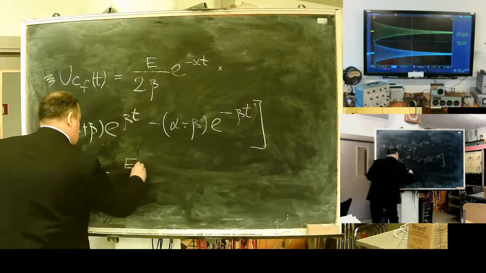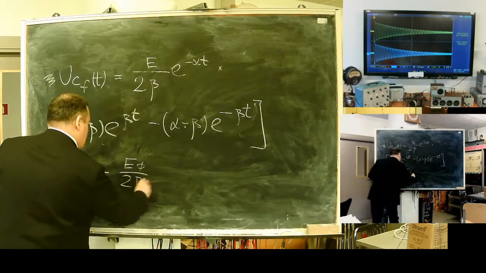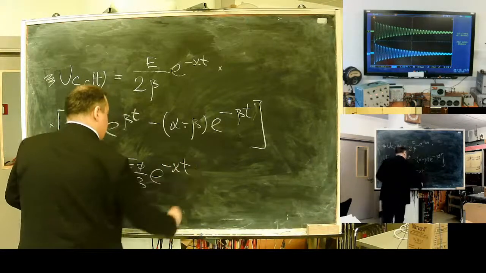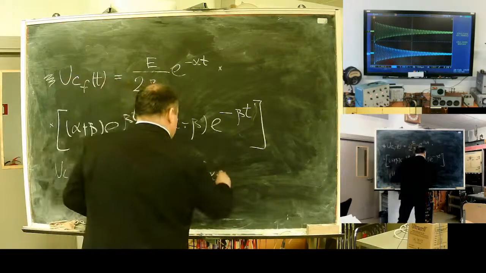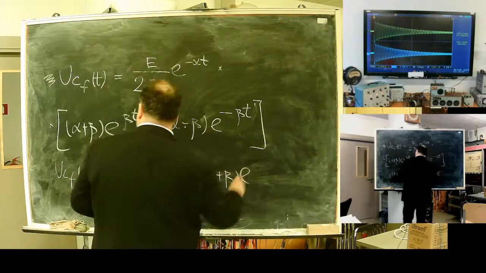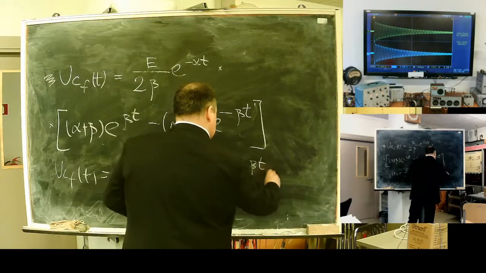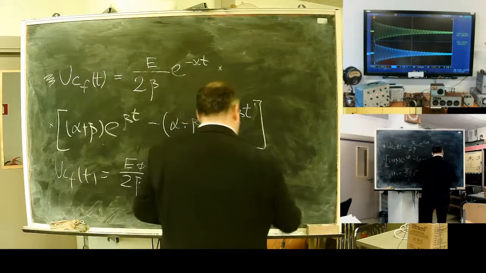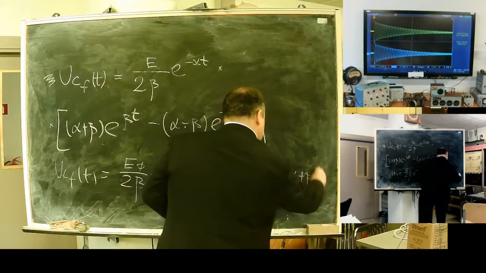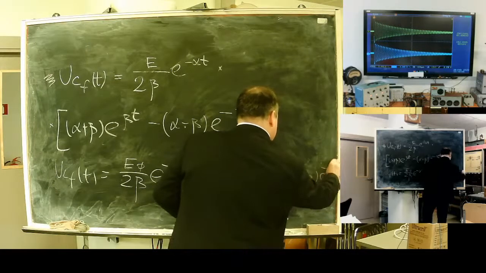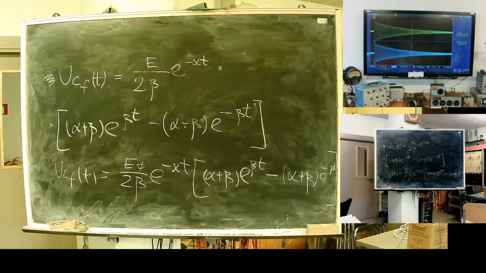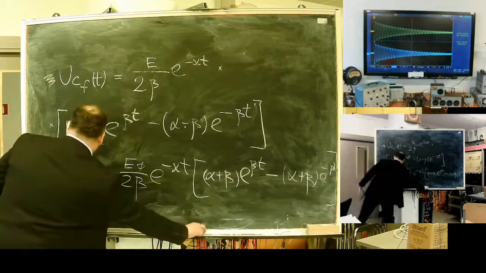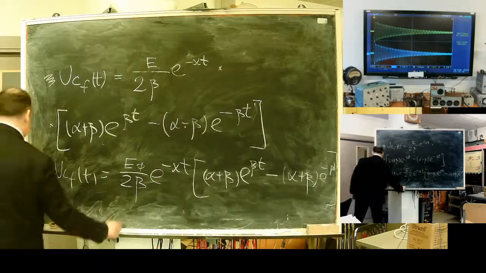It is E divided by double beta, e to the power minus alpha t, alpha plus beta e to the power beta t minus alpha plus beta e to the power minus beta t. It's the blue line. The second one is the blue line.